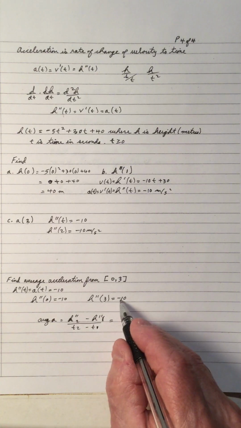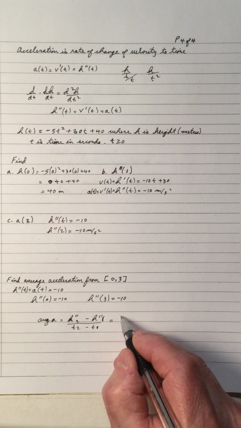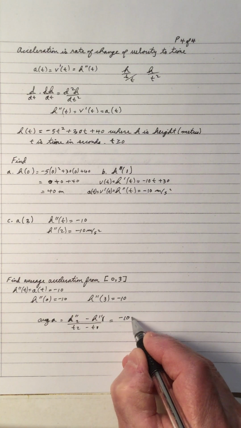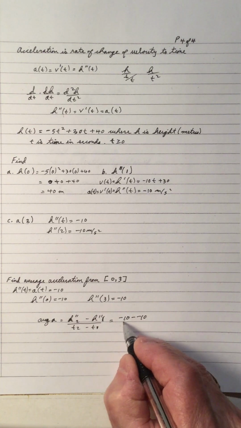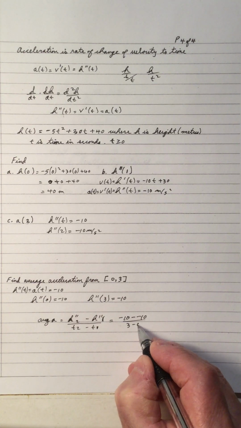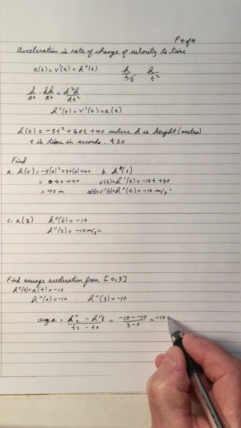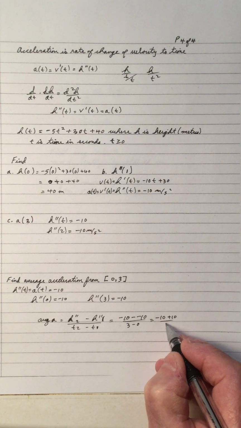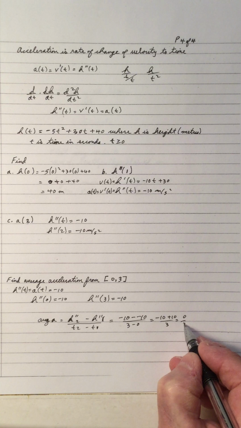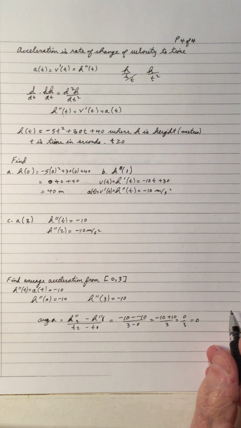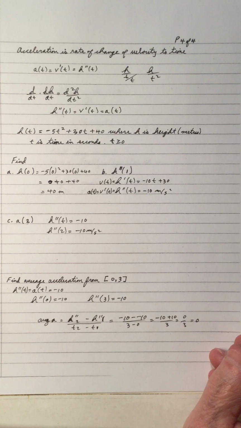So the double prime here is negative 10, subtract negative 10, all over 3 minus 0. Negative 10 plus 10 over 3 is 0 over 3.